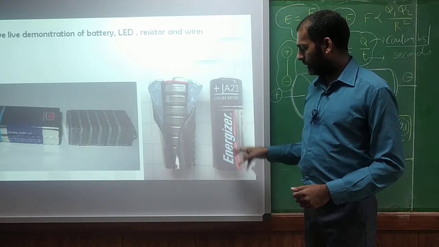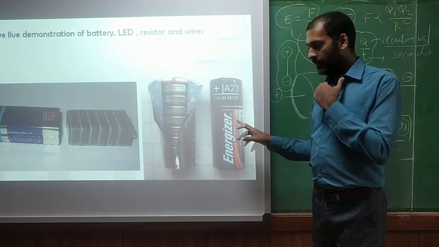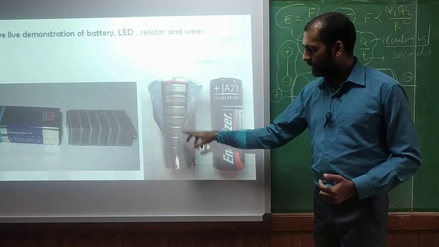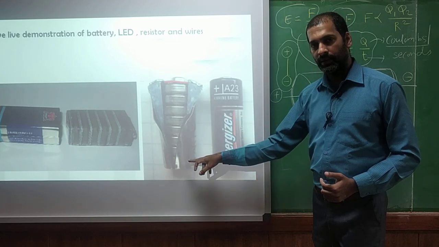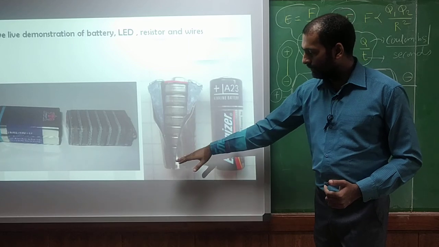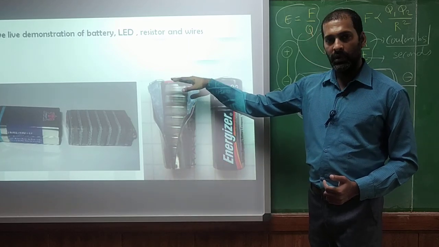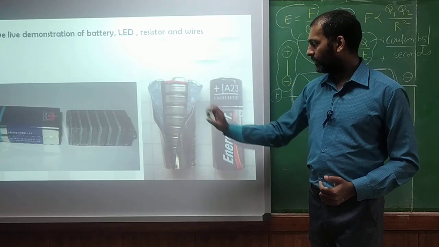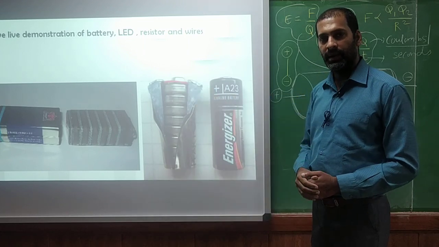If we open this cell-size battery, there are also various combinations of small button batteries connected together in series, and every battery has a different voltage level. Together they make 9 volt or 12 volt according to the battery.